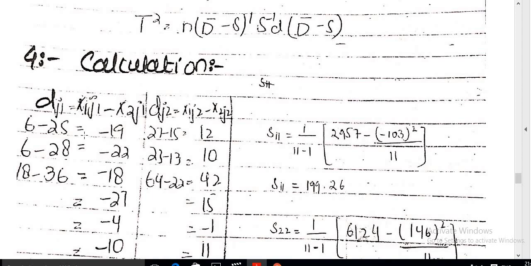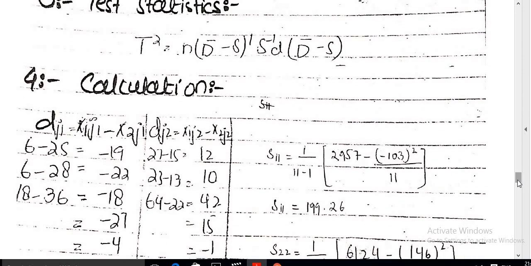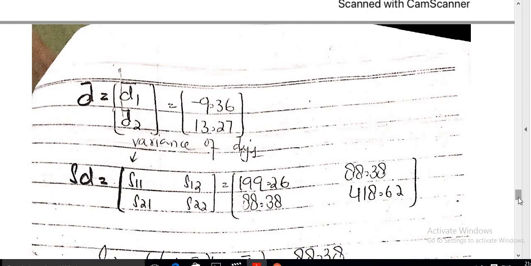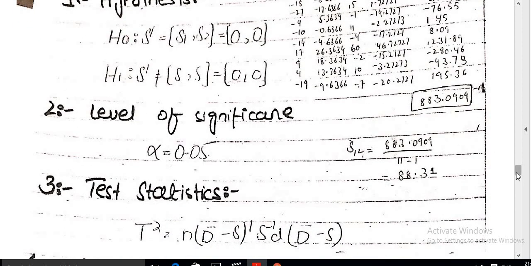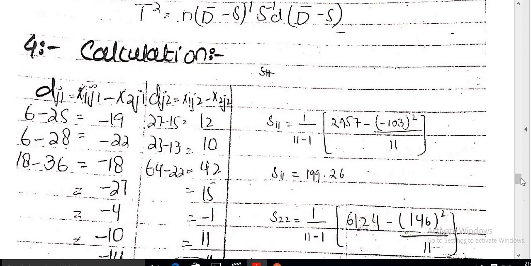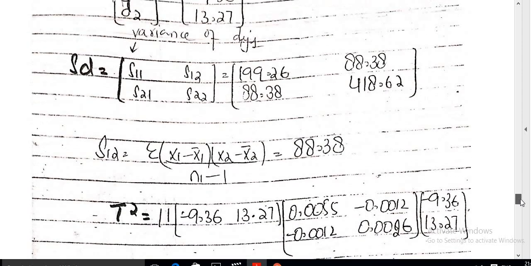It is the differences dj1 and dj2, and here we have calculated the variances of the first variable and second variable, and we have also calculated the covariance of these, that is S12, which is 88.38. Take the inverse of this matrix.